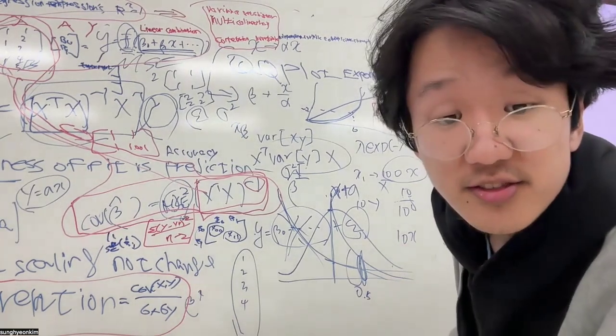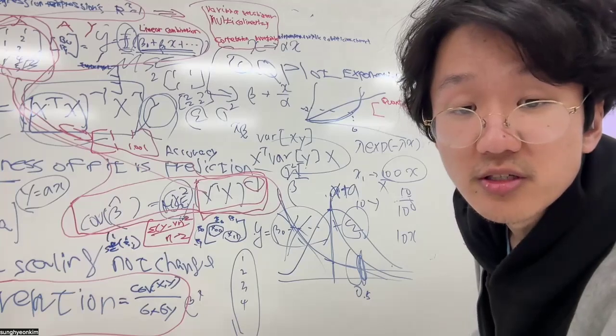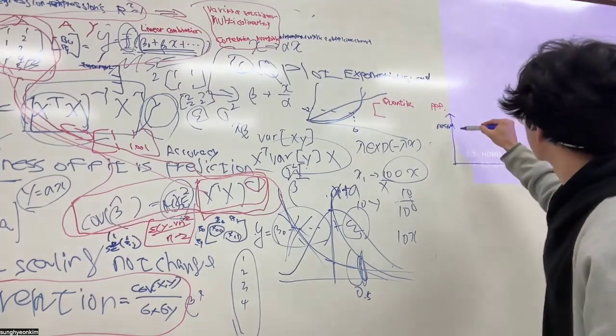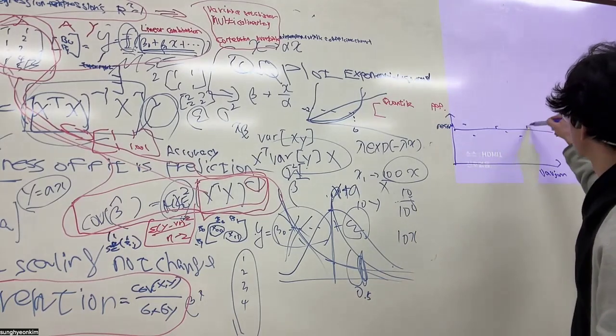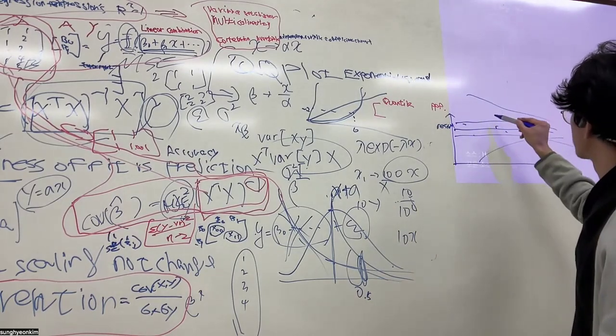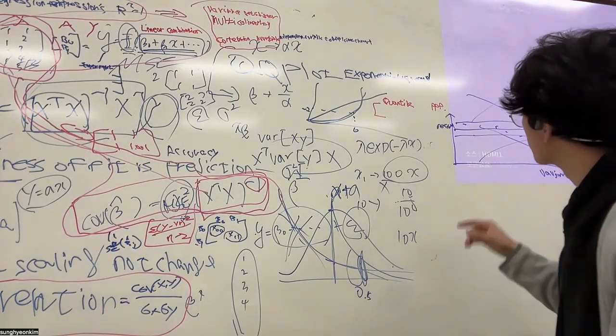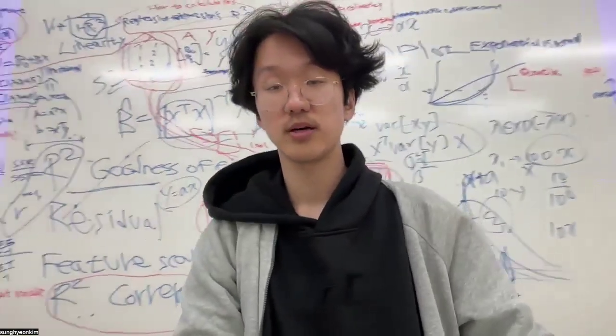It will be nice if the residuals are like a flat line, but sometimes it can be this, or sometimes it can increase. Then it is not good for the residual and variance relationship.